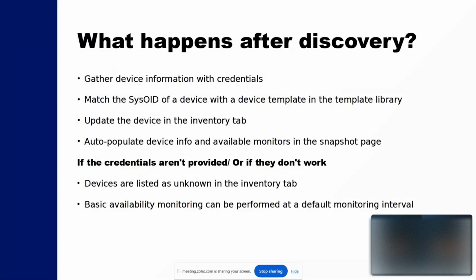During the last meeting, we discussed the mechanism of discovery: what are the different types of devices we can add and monitor in the application, how we can add them, and what protocol is being used.